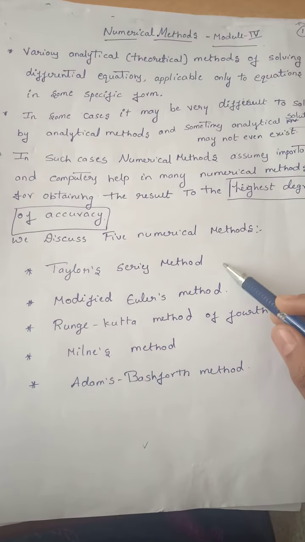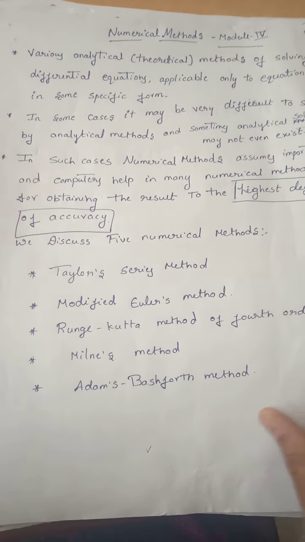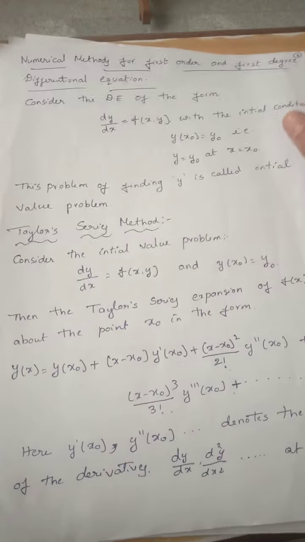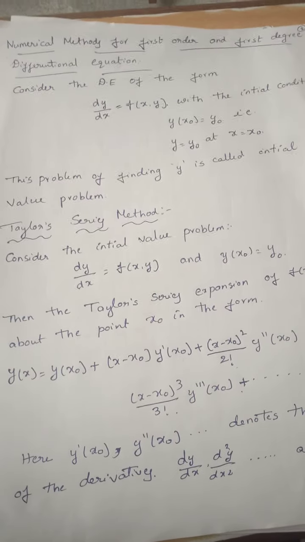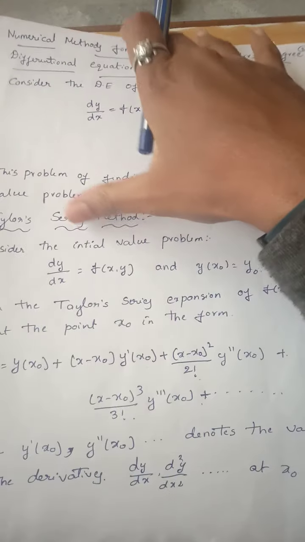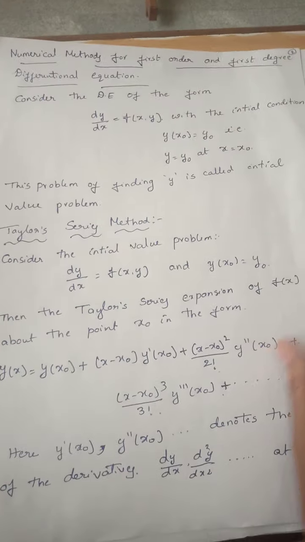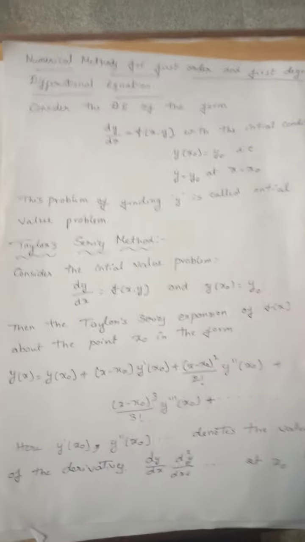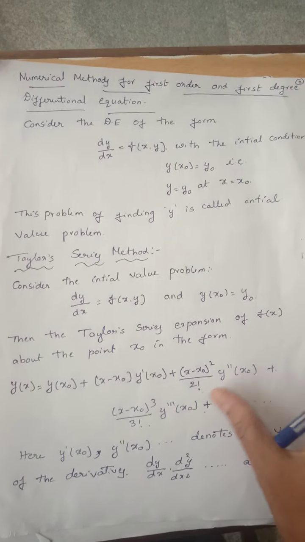Now first we discuss the Taylor series method. In this module we discuss the differential equation of first order and first degree, so numerical methods for the first order and first degree differential equation.